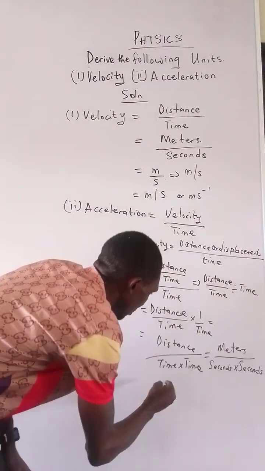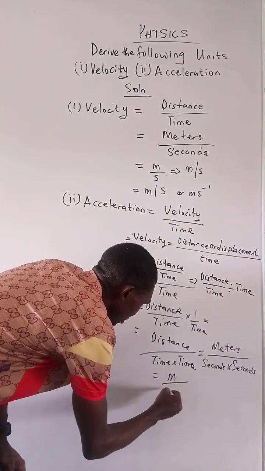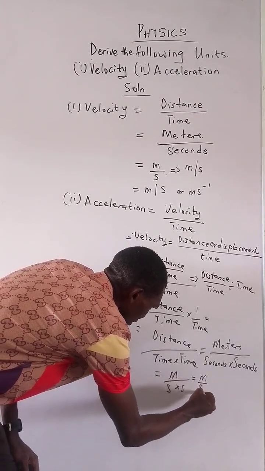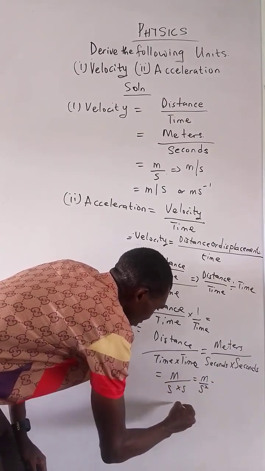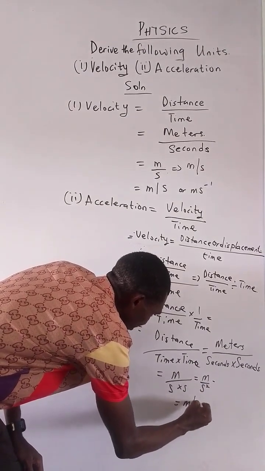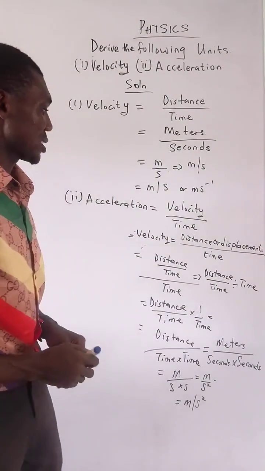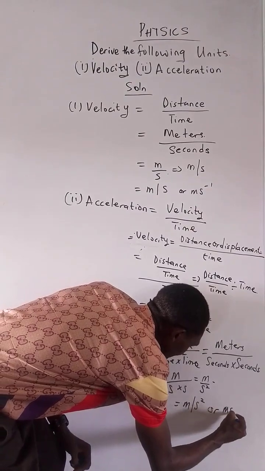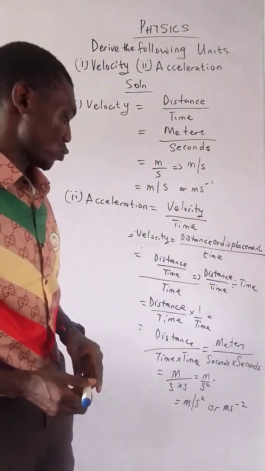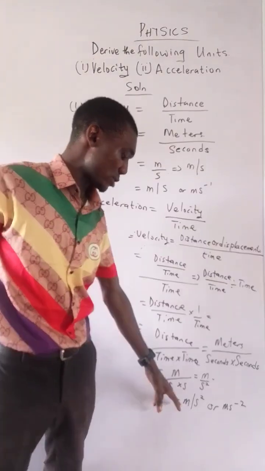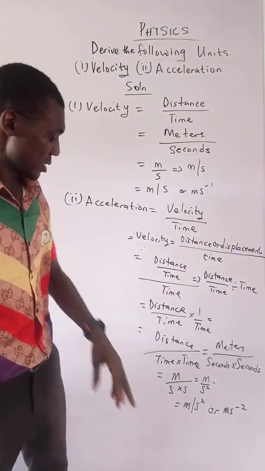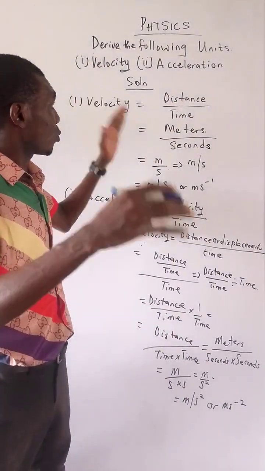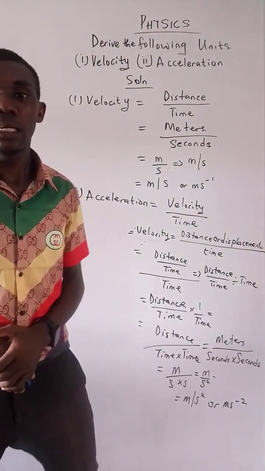So meters is m, seconds is s times s, which is m all over s squared, which is written as meters per second squared, or can be written as ms raised to the power of minus 2. So the derived unit of acceleration is meters per second squared, or ms raised to the power of minus 2, and the derived unit of velocity is meters per second.